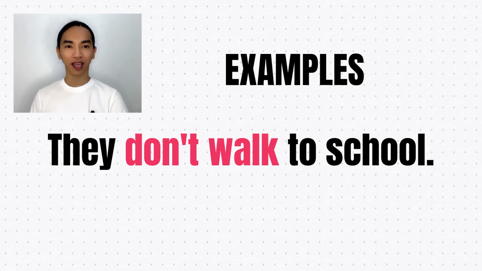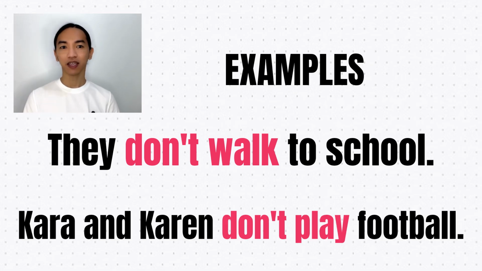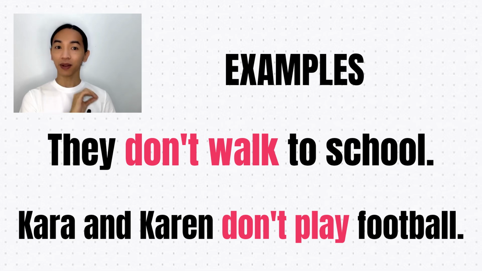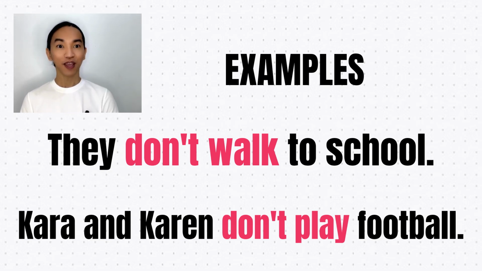They is your subject, don't is your helping verb here, and then we use the verb in its base form. So they don't walk to school. Another one, Kara and Karen don't play football.